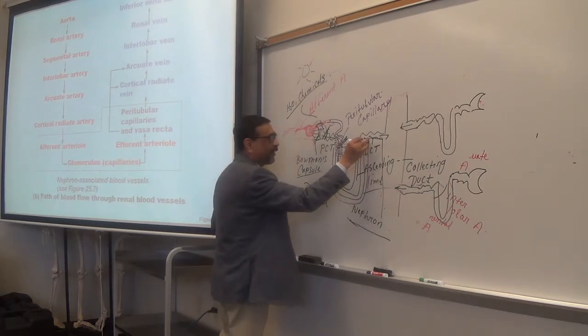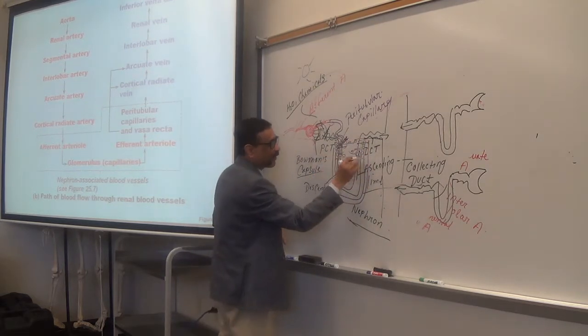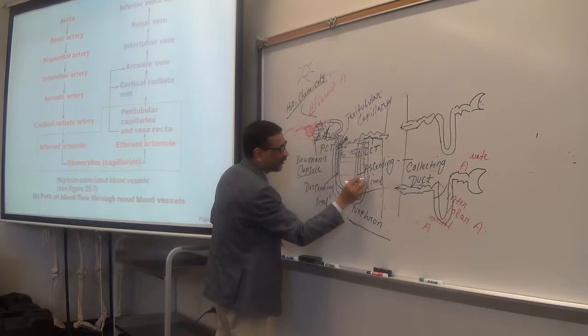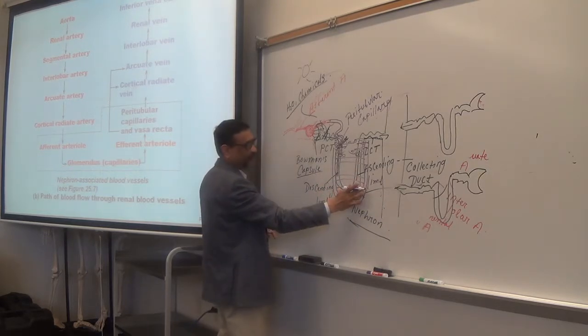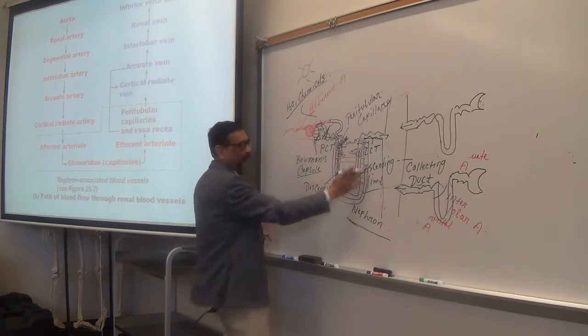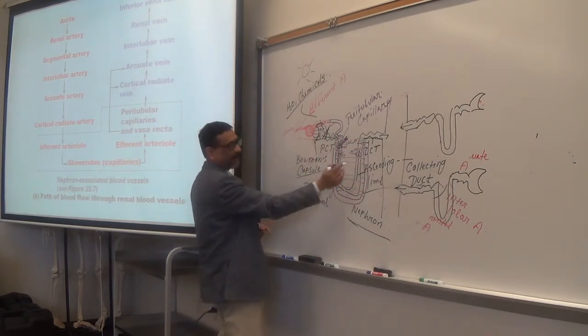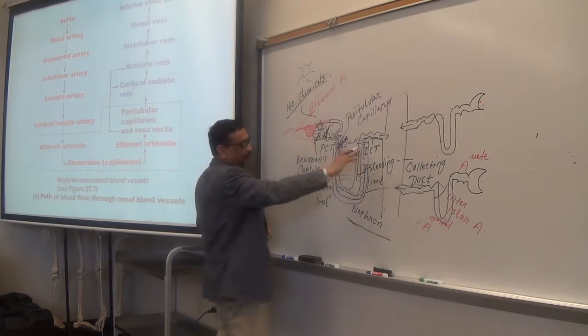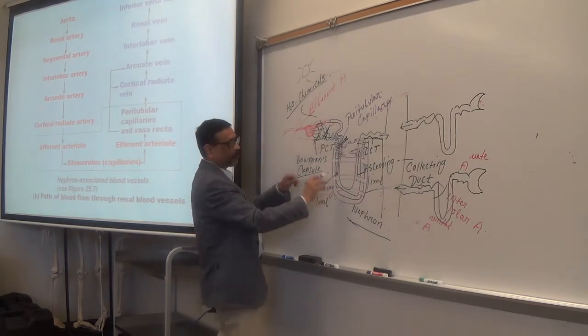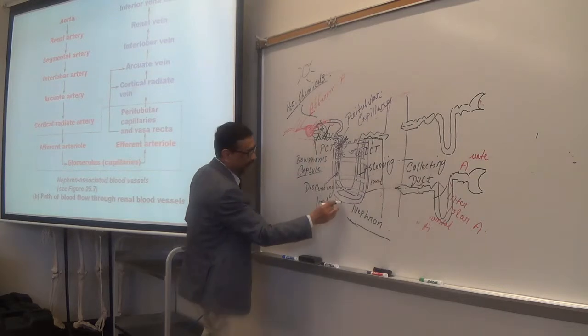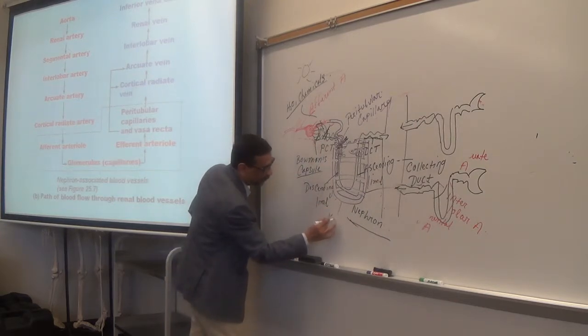Along the loop of Henle, and it looks like a ladder like this. Why? Because you see these 2 limbs of that capillary are connected by transverse capillaries like this. It looks like ladder, and that is called vasa recta.